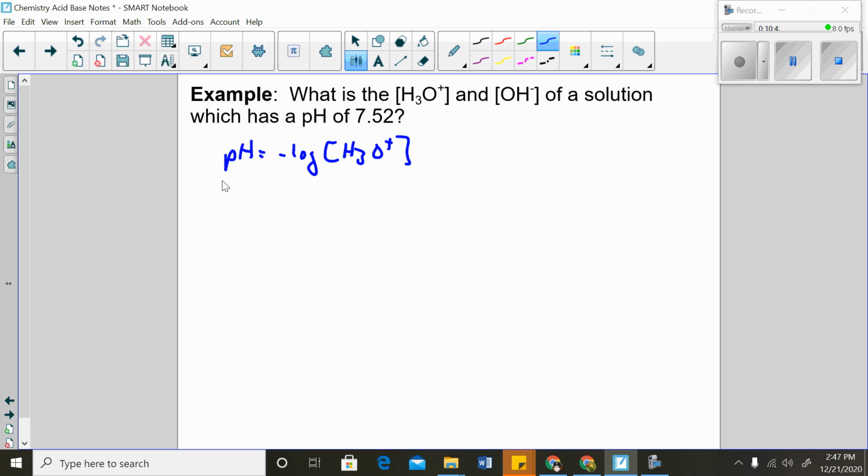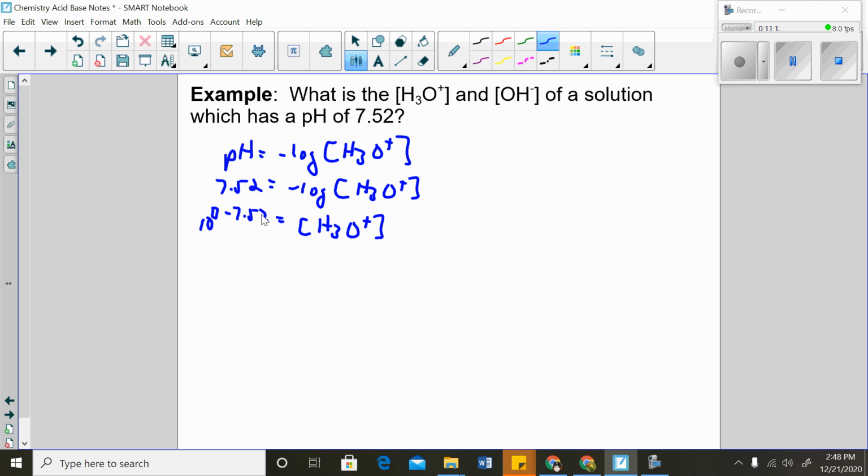Okay, but now you have the pH, and you are trying to get the H3O plus. So to do this, you want to hit that 10x key twice, right? Hit it twice, and then type in negative 7.52, and it should produce a decimal.